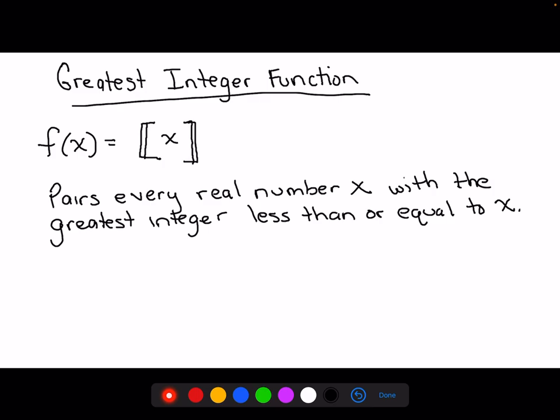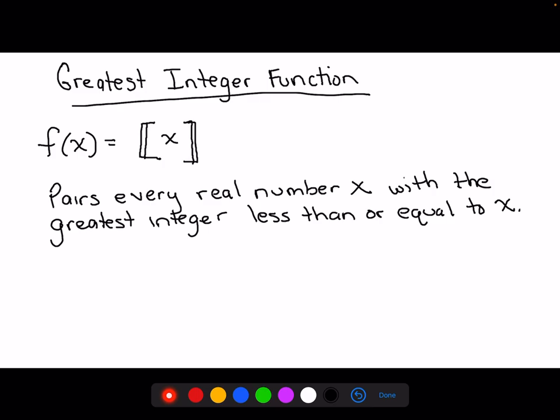So it's a function. Each input is going to have one output, but it's not one-to-one because you can have more than one input that has the same output. That's all right. We're not going to worry about that. We're just worrying about the fact that it's a function, and then how does it look?